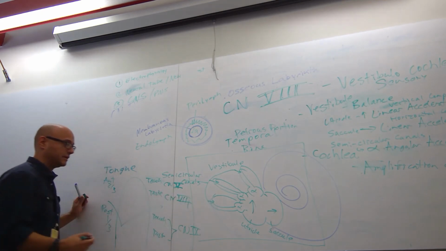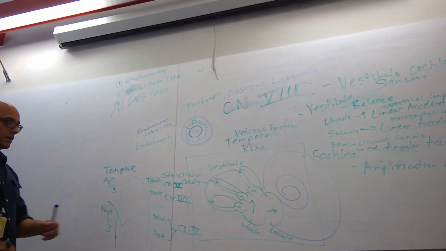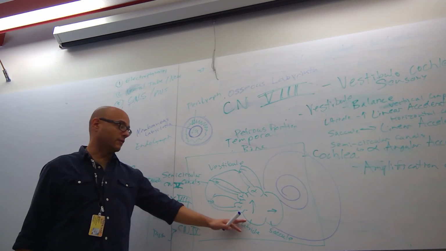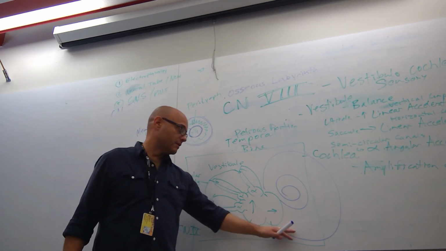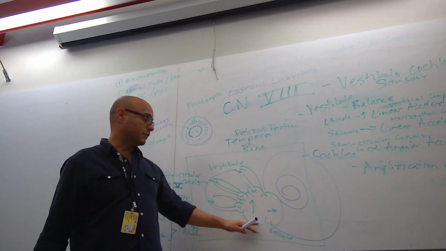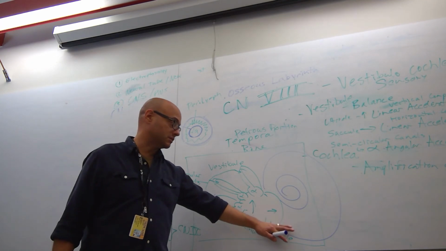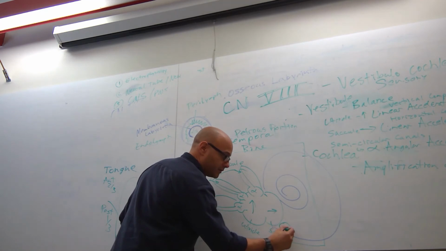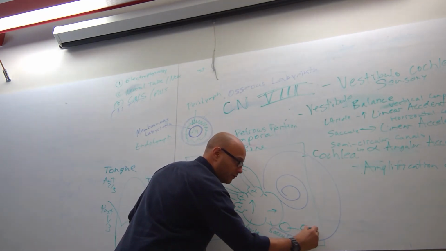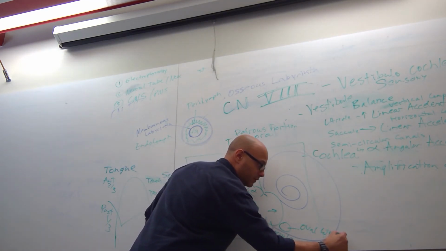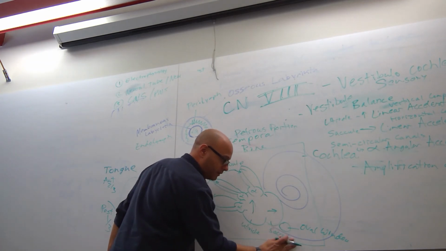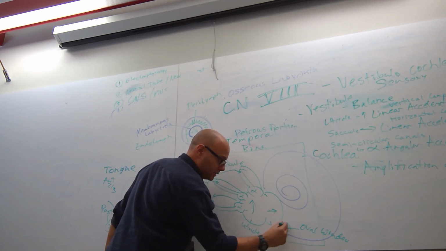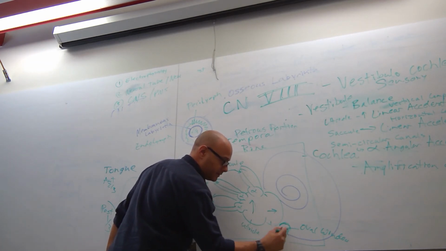Oh, one other thing I forgot to mention. So guys, okay, great. We got all this, right? But how is it that we translate this information? Well, there's a structure right there. It's called the oval window. And the oval window has in it the stirrup.